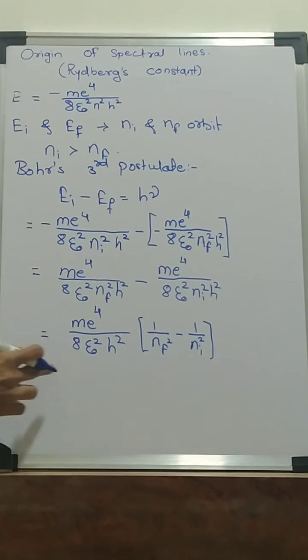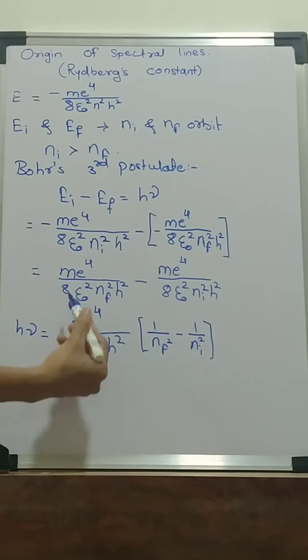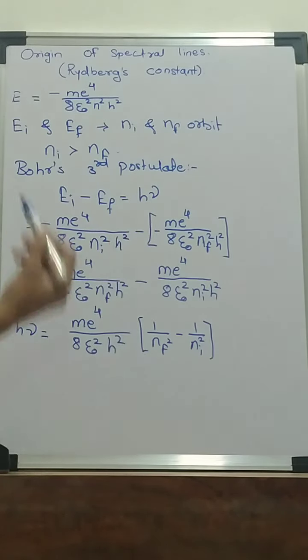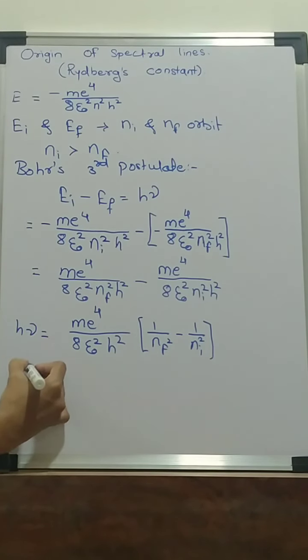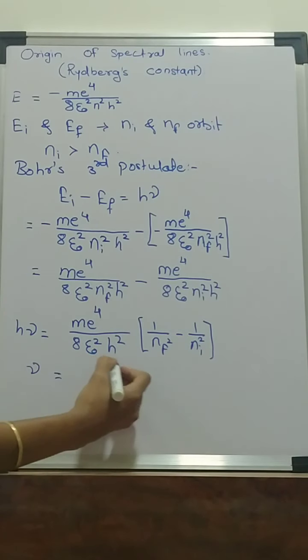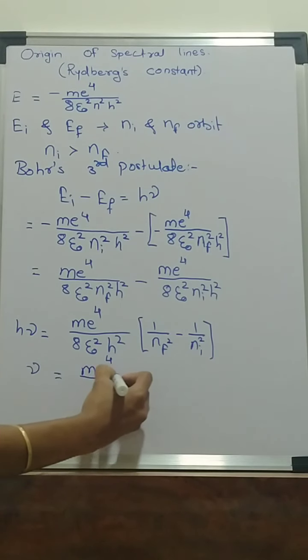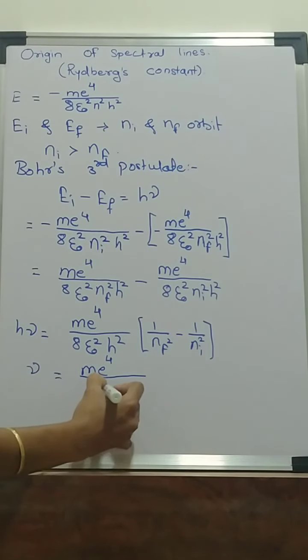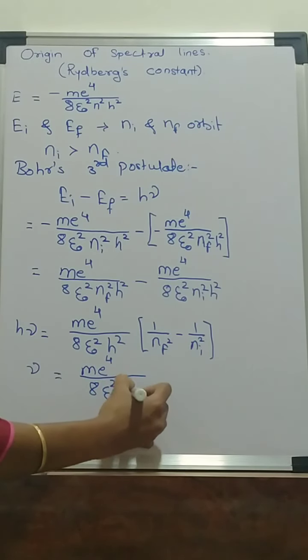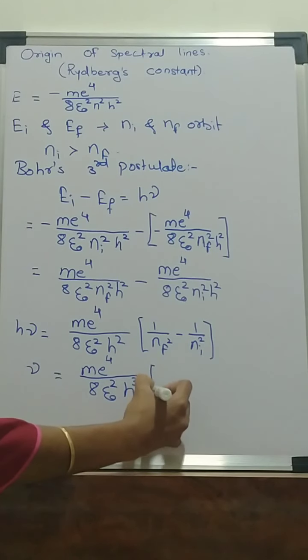What is this? This is nothing but h nu. EI minus EF is this value, which is equal to h nu. Now take nu on the LHS and h on the RHS, so the equation will become me raised to 4 upon 8 epsilon naught square h cube, bracket 1 upon Nf square minus 1 upon Ni square.